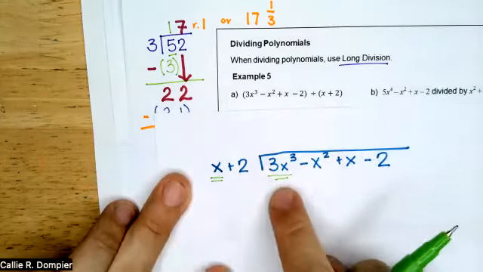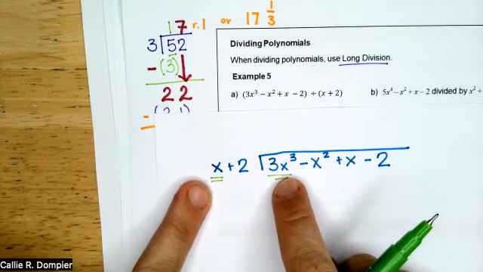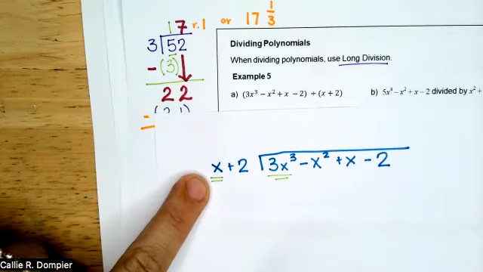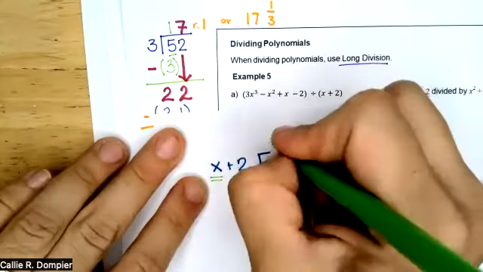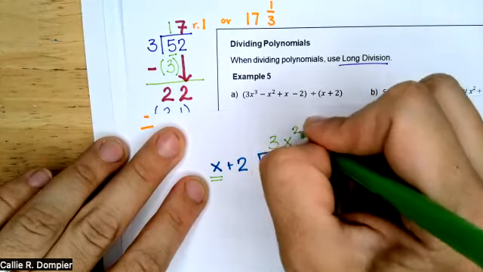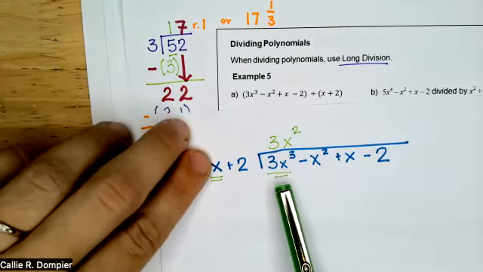What do I need to multiply x by to get 3x squared? I need to multiply it by 3x squared. If I multiply this by this, I get that.